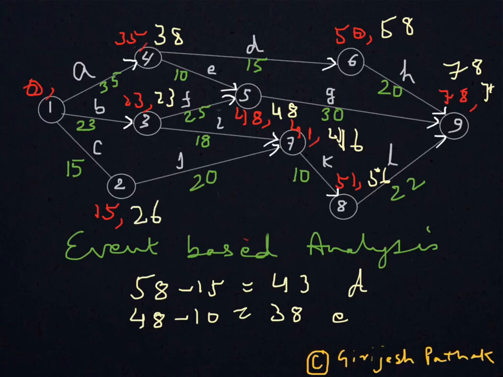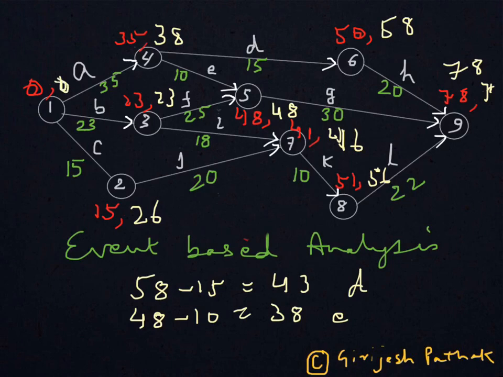And for node 1, if you calculate from all the three sides, because there are three arrows starting from node 1. So if you compute from A side, it is 38 minus 35, that is 3. From B side, it is 23 minus 23, that is 0, and so that will become the minimum.